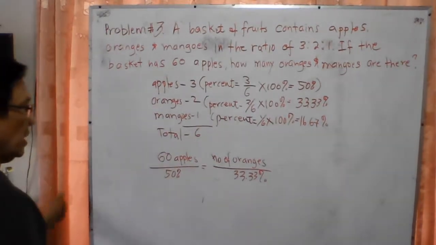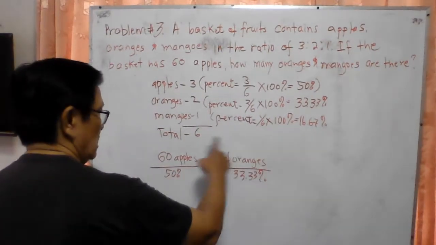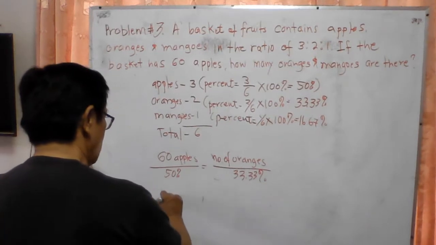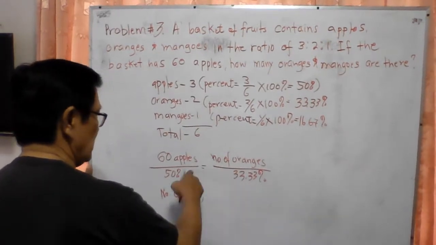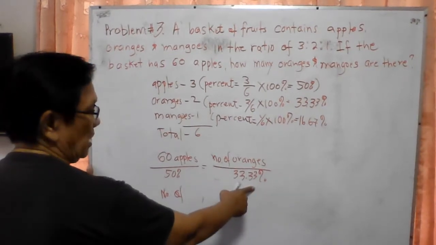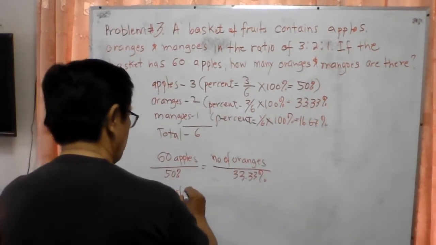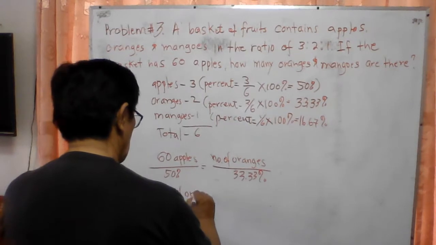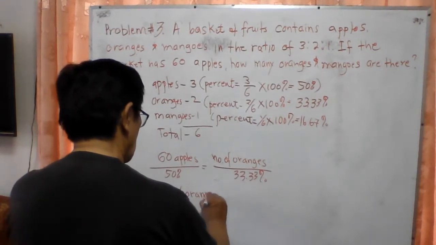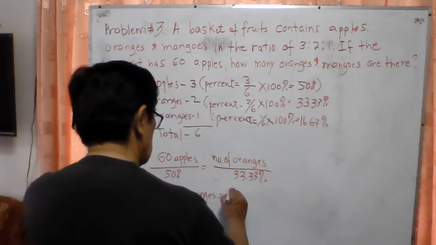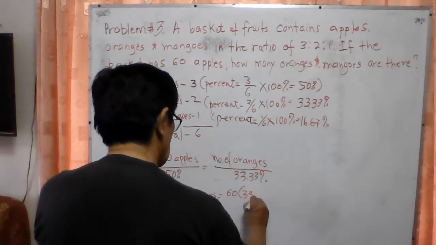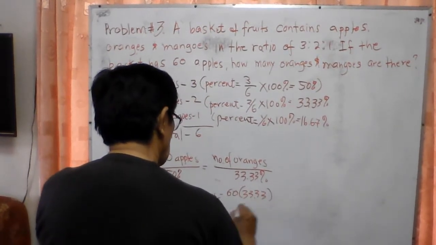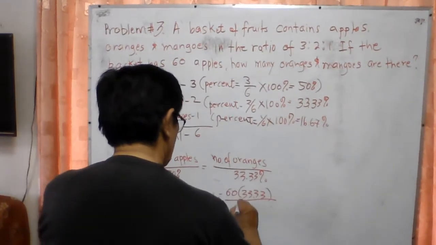Computing now for the number of oranges, you can transfer it here. This is the denominator, it becomes the numerator. 60 times 33.33 divided by 50.